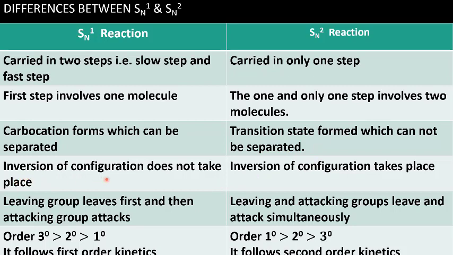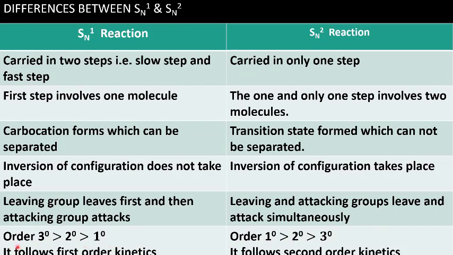In SN1, inversion of configuration does not take place, whereas racemization is possible. In SN2, inversion of configuration takes place since the attacking nucleophile attacks opposite to the leaving group. In SN1, the leaving group leaves first and then the attacking group attacks. In SN2, leaving and attacking groups leave and attack simultaneously.